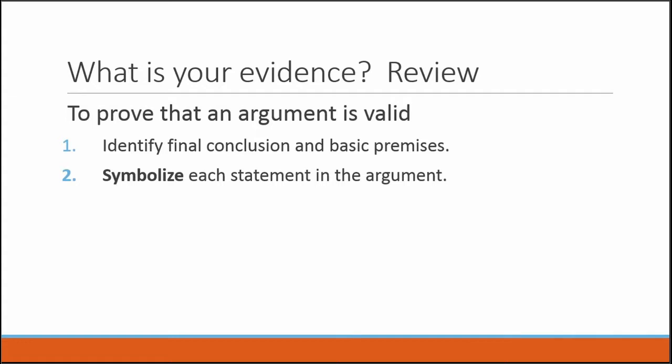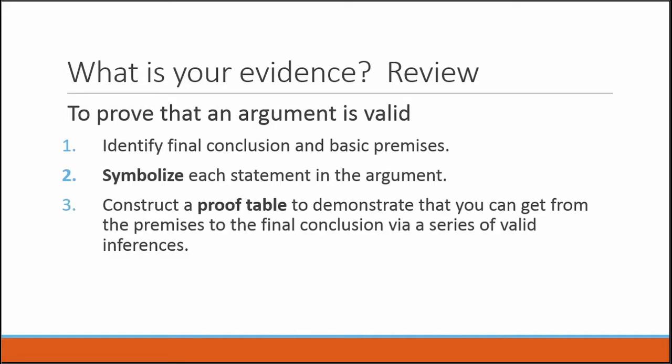We should symbolize each statement in the argument. Symbolize the final conclusion, symbolize the basic premises. We should construct a proof table to demonstrate that you can get from the premises to the conclusion using a series of valid inferences.